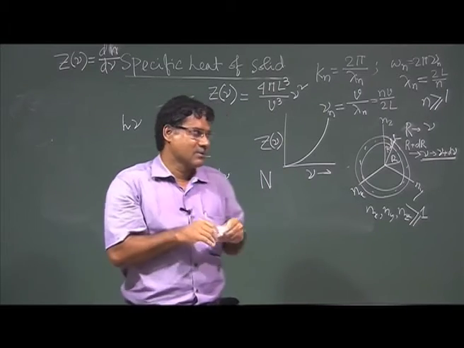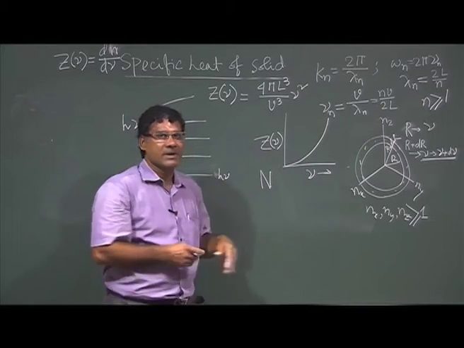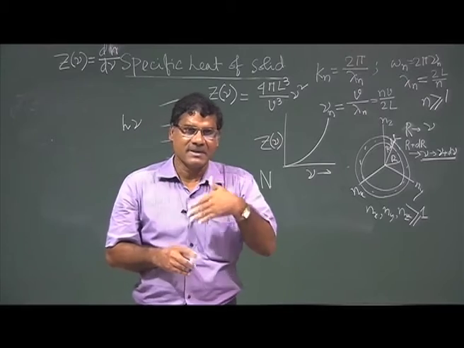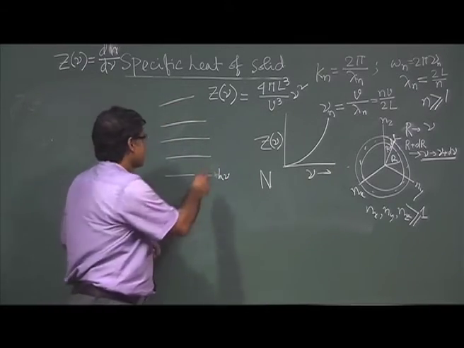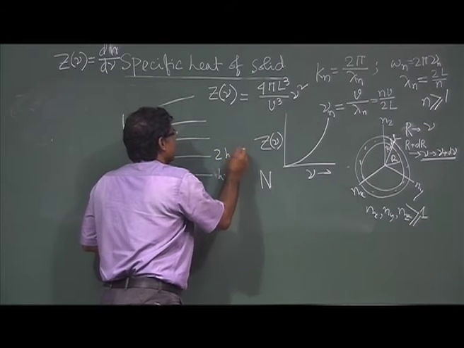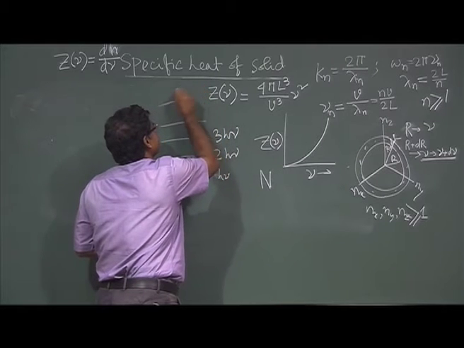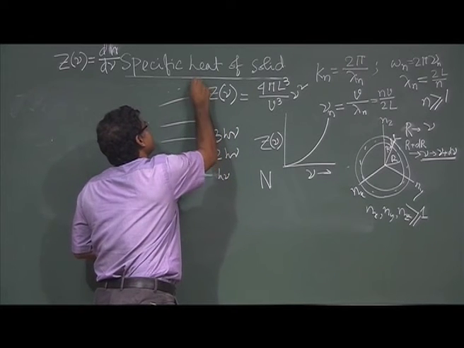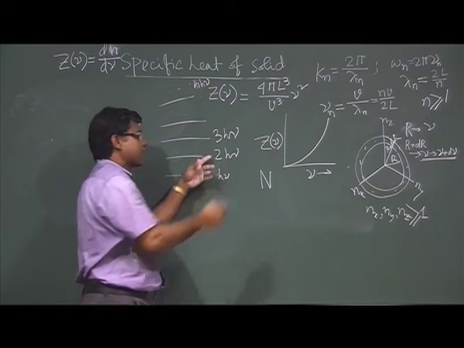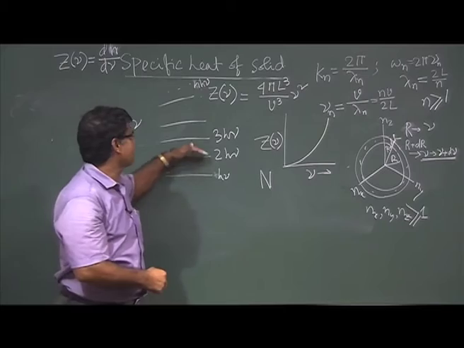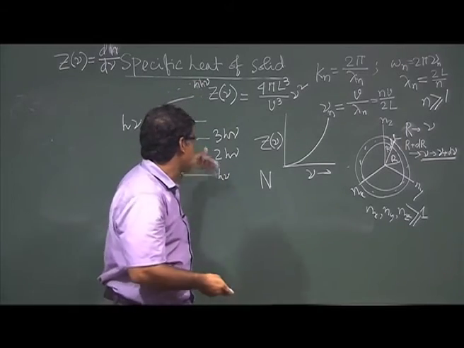So, for each nu, having different energy states: 2 h nu, 3 h nu, this is n h nu. So, for a particular frequency it can have this type of excited states, or higher energy states.